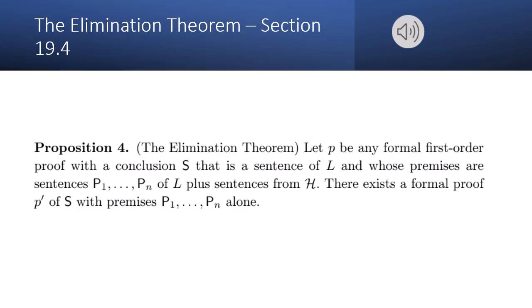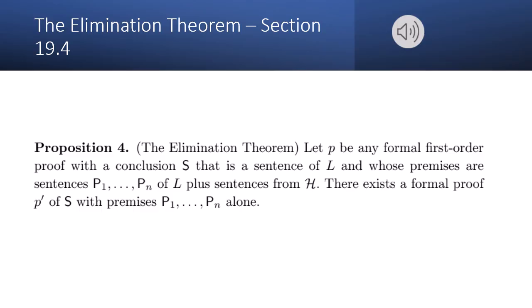Then there has to exist a formal proof, which they denote by P prime. So you can rewrite this into a formal proof, P prime of S, with just the premises P1 through Pn alone.